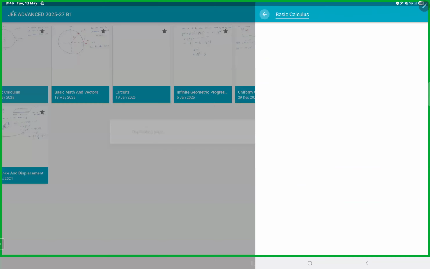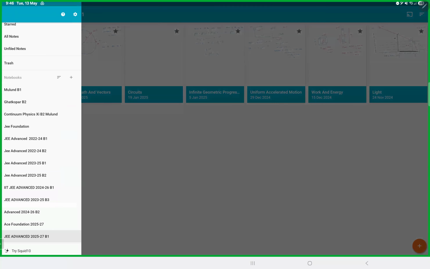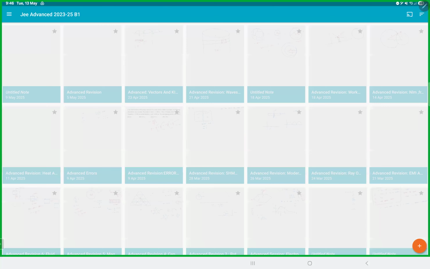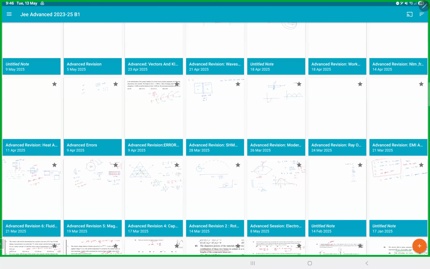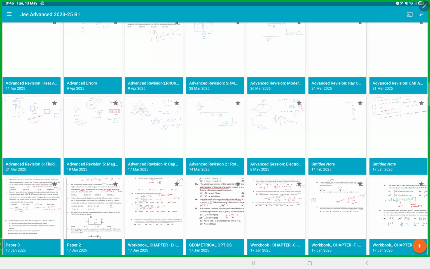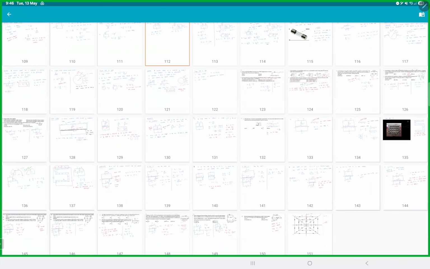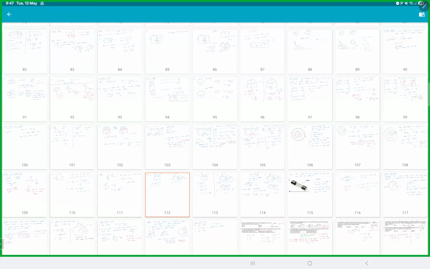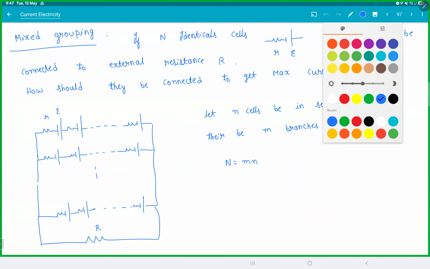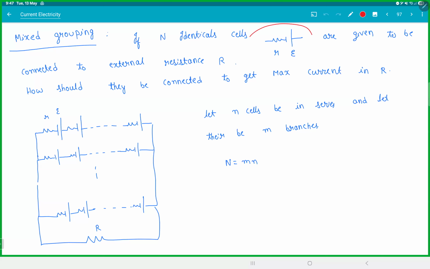So for example, maxima and minima will come up everywhere. For example, in current electricity, we have a question like this. Someone has given you n batteries like this, and these batteries can be kept in series or parallel.